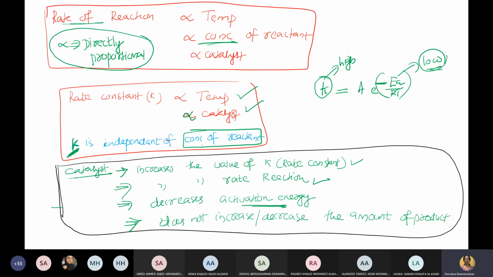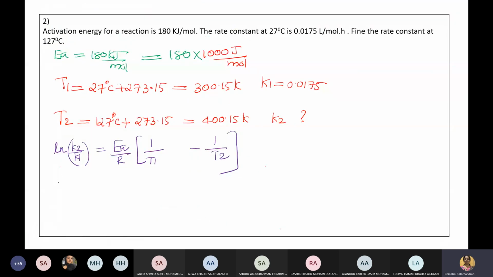So ln of k2, what's the value of k2? We don't know k2. Over 0.0175 is equal to EA is 180 times 1000, over R is 8.314. Now 1 over 300.15 minus 1 over 400.15.